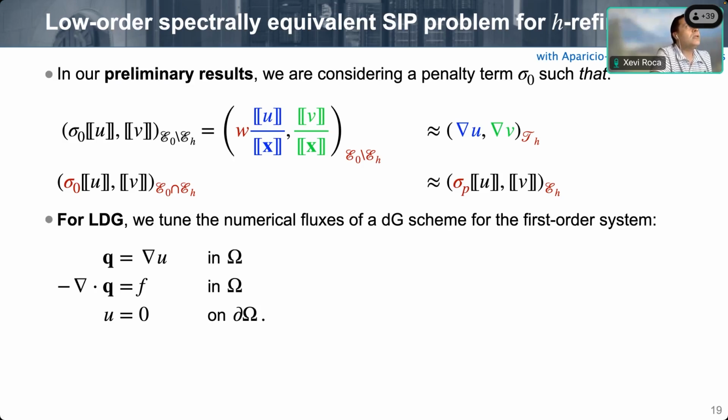So we consider a weight w such that the integral resembles the integral of the volume, and at the same time we approximate the gradient of u and the gradient of v in the following manner. The jump of u over the jump of x, where the jump of x is the difference between the coordinates of adjacent subpolygons, approximates the blue term, the gradient of u. And the jump of v over the jump of x approximates the green term on the right-hand side, the gradient of v in the volume integral.